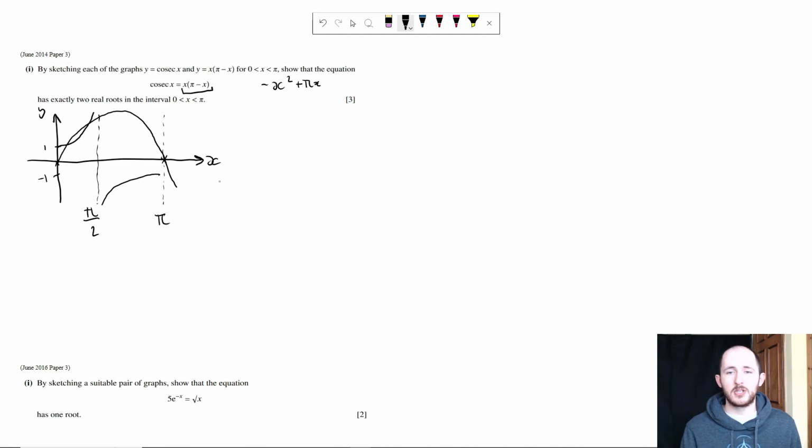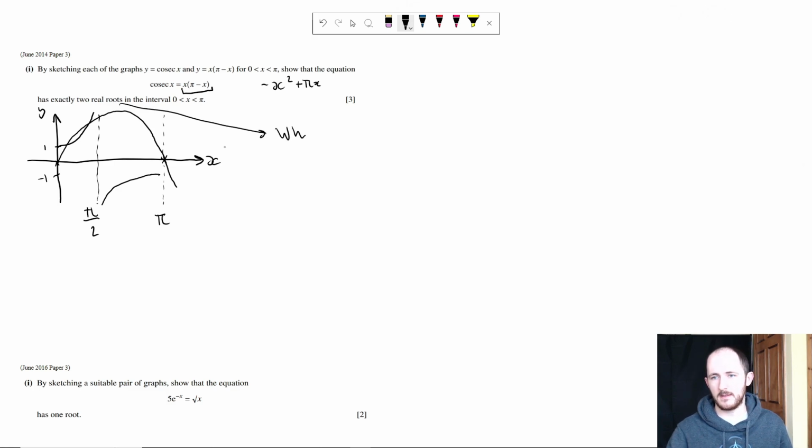Cool. And it says show that it has exactly 2 real roots. Well, we're looking for when these graphs are equal. Now, if you're looking for when 2 graphs are equal to each other, that means it's when they intersect. So 2 real roots in this instance is when the 2 graphs intersect.